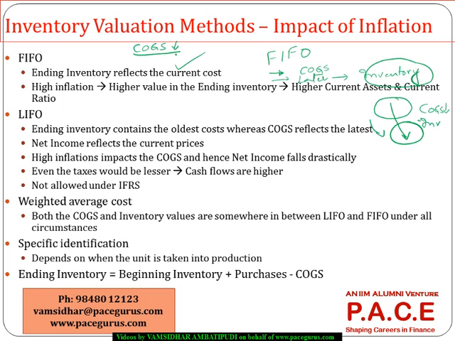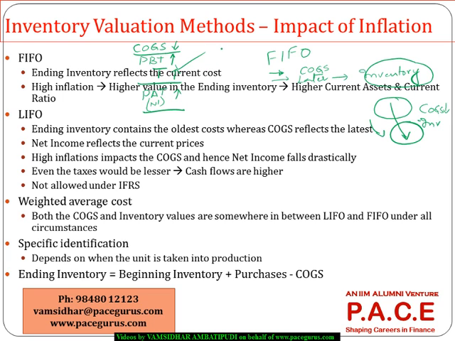Cost of goods sold lesser could mean the profit before tax is higher. You need to be comfortable with this kind of understanding. The moment the cost of goods sold goes lesser, the profit before tax goes higher, which means tax also can go higher, and finally the profit after tax, which is the net income, also may go higher.